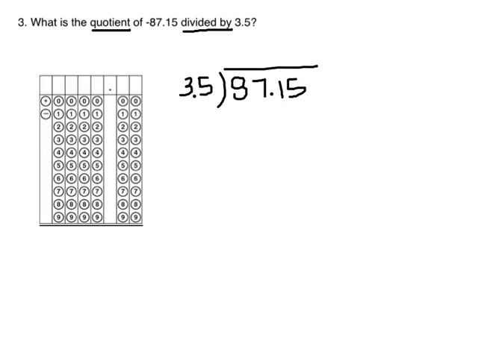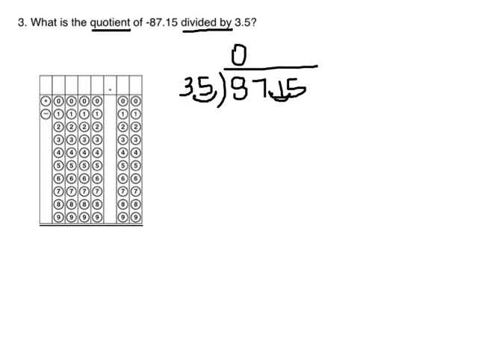So the number that's divided by 87 goes inside. So we can't have a decimal on the outside, so we have to change it and create a whole number. So if I move the decimal point once on the outside, I have to move it one place on the inside.